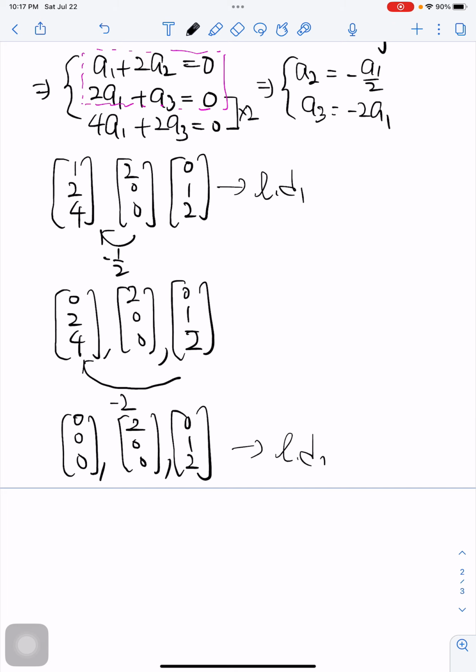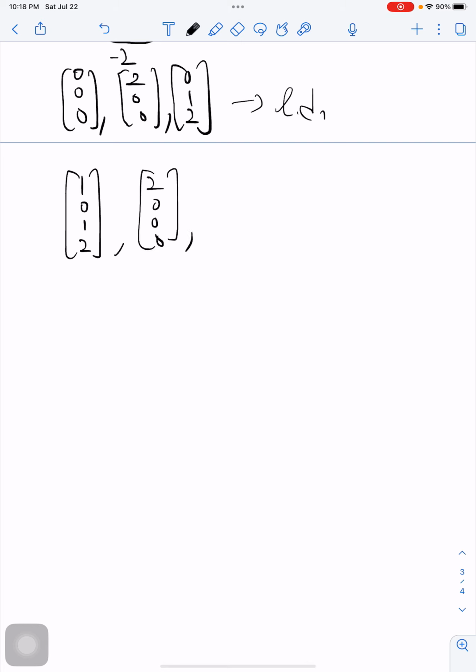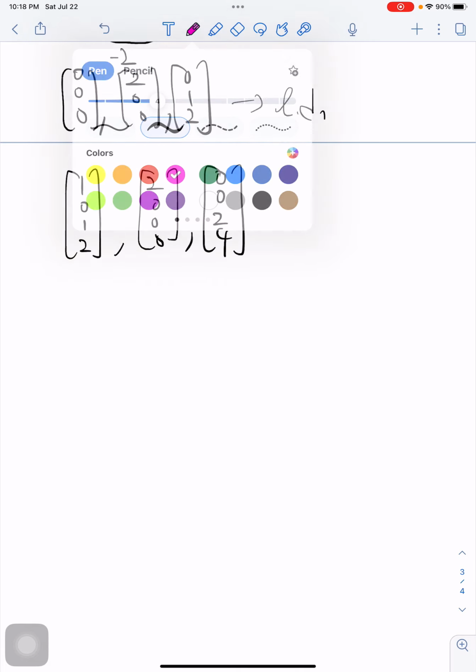Let me give you another example to help you better understand this concept. Let's say that you are dealing with 4 dimensions. The first vector is (1, 0, 1, 2). The second one is (2, 0, 0, 0). And the third one will be (0, 0, 2, 4). Okay? Of course, you can carry out the definition if you like, but now I'd like to use an easier way.